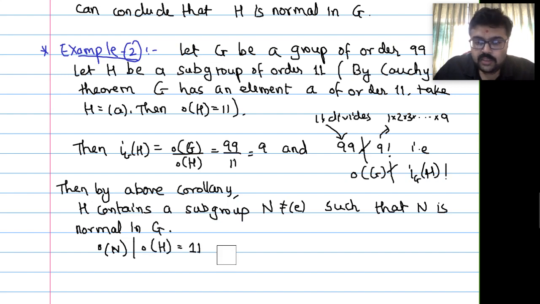This implies the order of N is either 1 or 11. But it cannot be 1 because N is non-trivial.